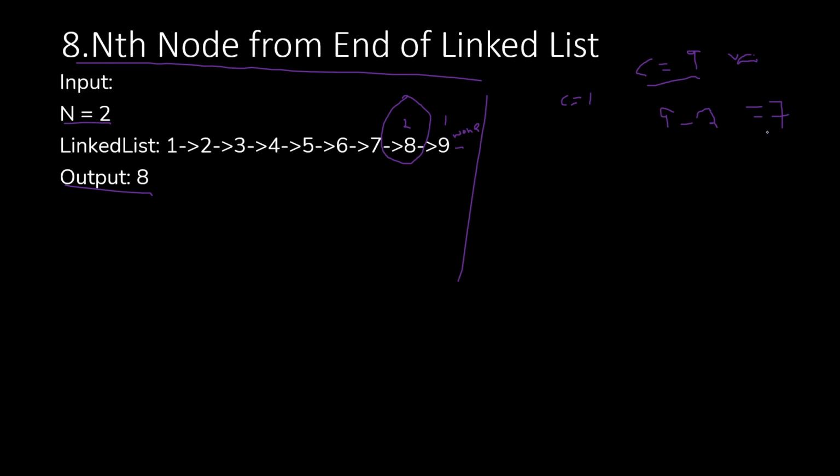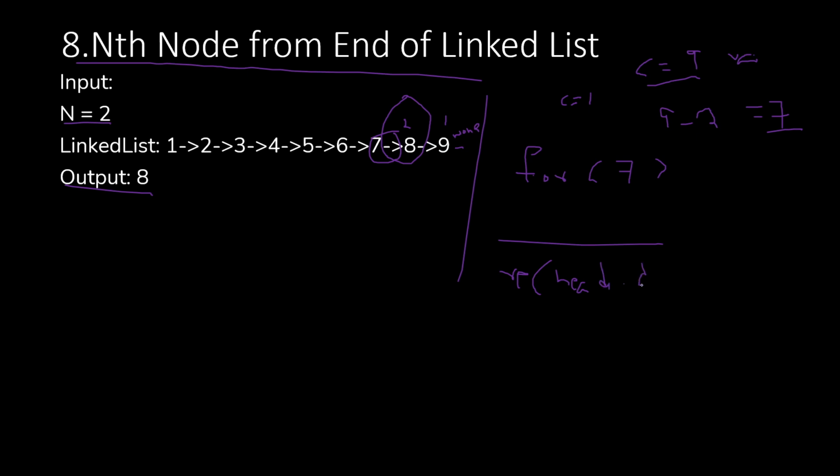Now we can use the same number in the for loop and iterate in the linked list again from the start, only till the 7th value. Like 7 times we move forward saying dot next, dot next, dot next, and we reach this arrow point. We exit the loop and simply return the data. Let's call this head, head dot data.